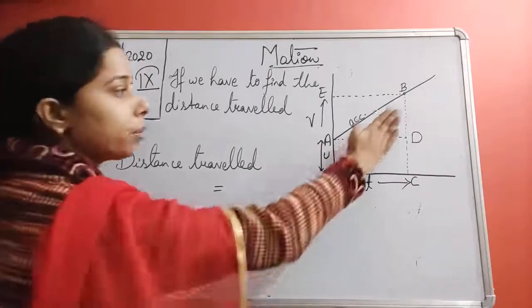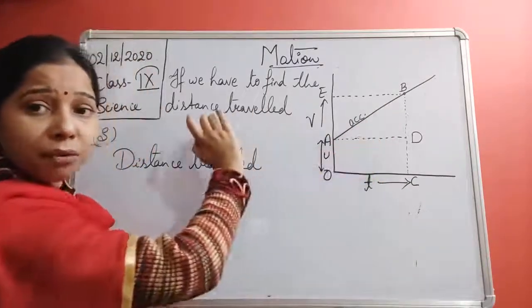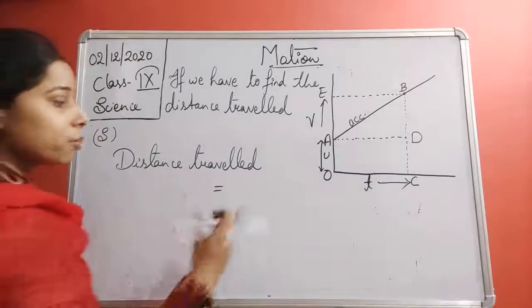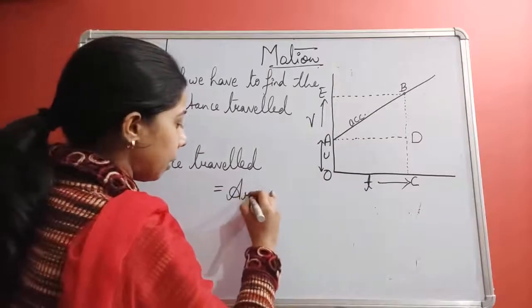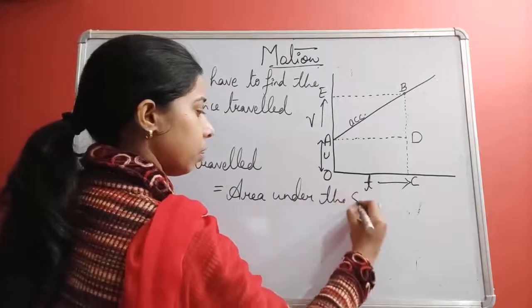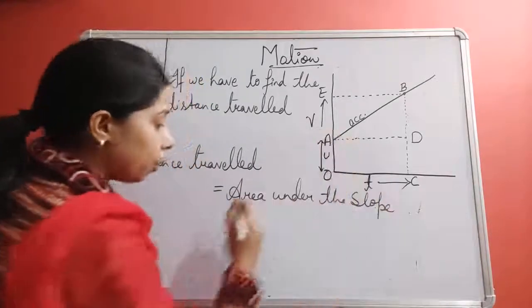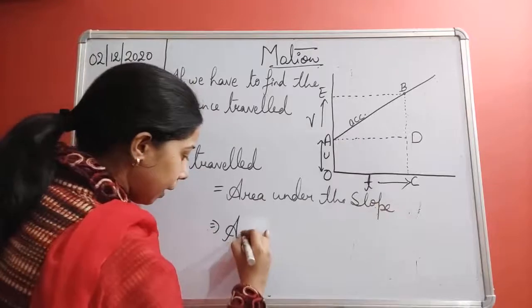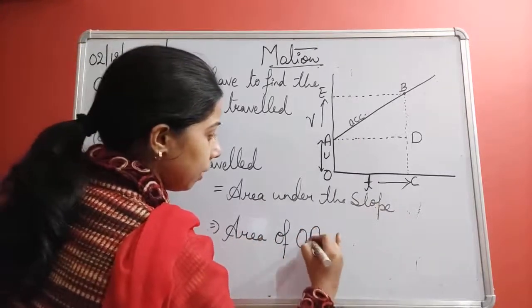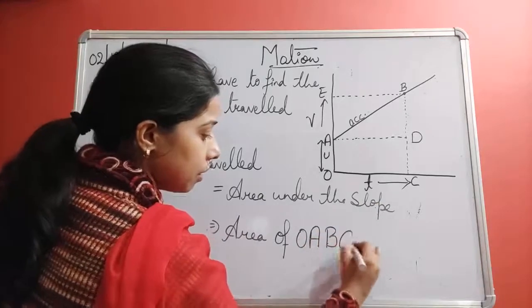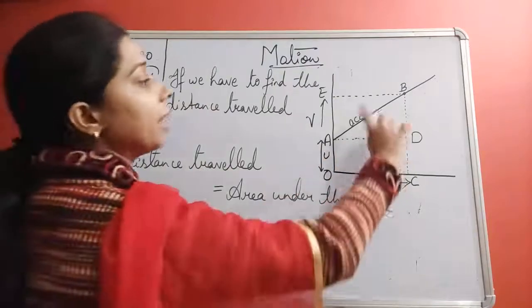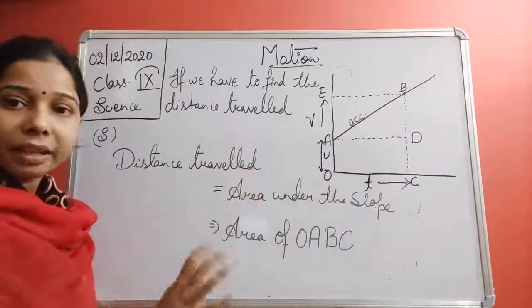So we can write: distance traveled will be equal to the area under the slope. This area will be the area of OABC.